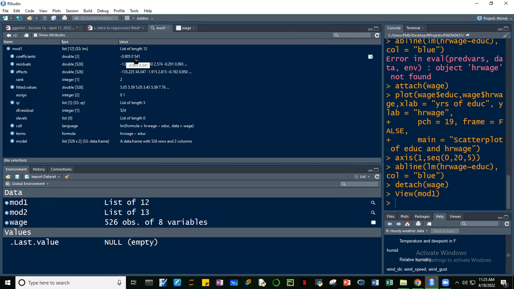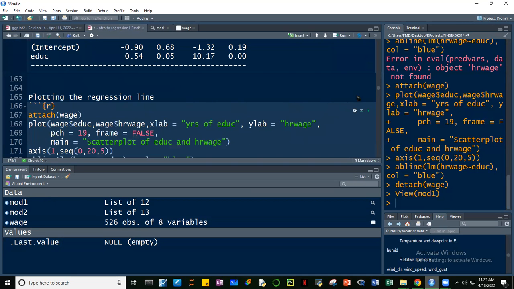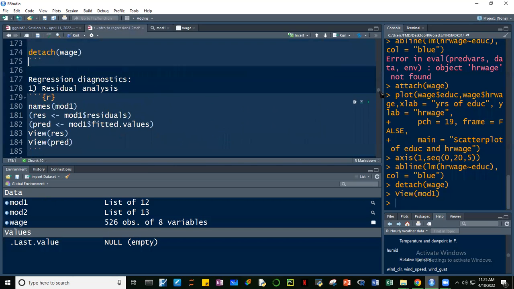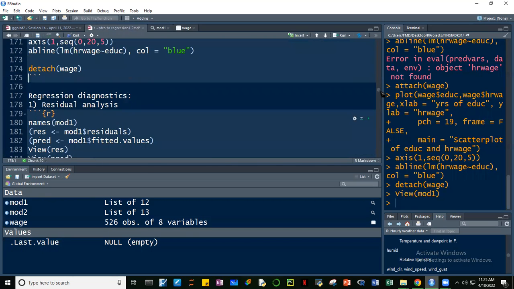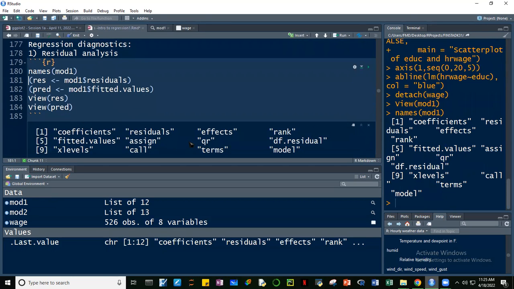This is the intercept, negative 9.05. This is the value of education, marginal impact of education on our wage. Andito din si residuals. So you can actually access this. We can access yung mga object na yan. So let's just show that. Okay, ito, names. Okay, ito yung mga laman niya.